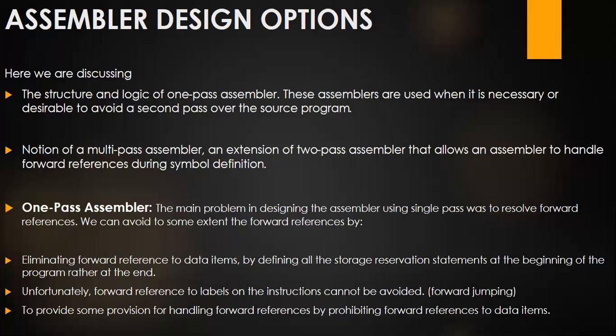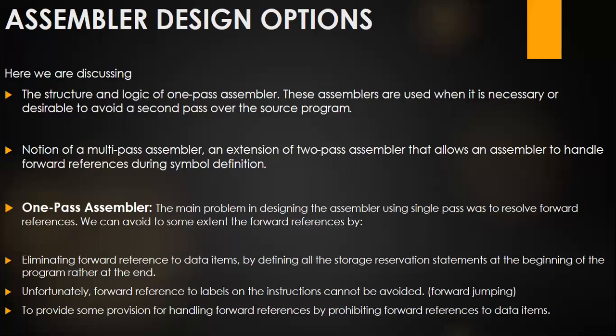Now during the first pass, if we are unable to find a few values of those operands, then we go for the second pass. Sometimes what happens is that something is defined in one location, but you are referring to it in a location before that.